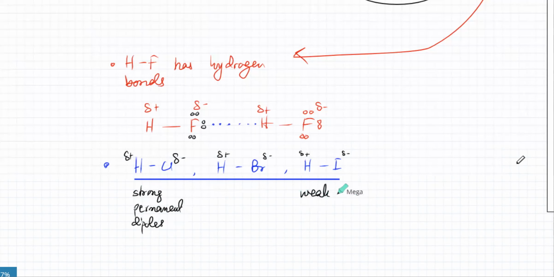The molecules are not going to attract each other that strongly in the case of HI. So according to the dipoles, the first one should have a high boiling point and the last one should have a low boiling point, because there's more polarity, so there's going to be more attraction. One HCl molecule is going to attract the other HCl molecule with a lot more force. One HI molecule is not going to attract the other HI molecule with enough force.